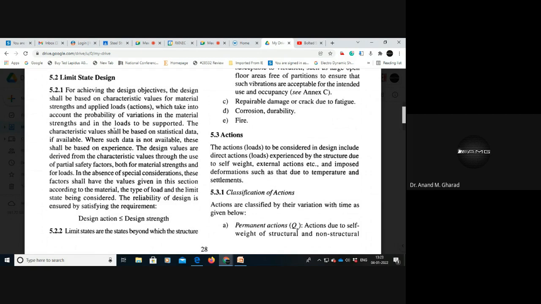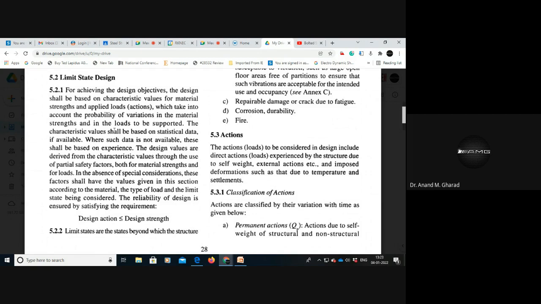So in order to cater to these uncertainties, we provide what we call the factor of safety, so that it will not fail after it has been constructed. We also take into account poor workmanship or some accidents during construction on the site.